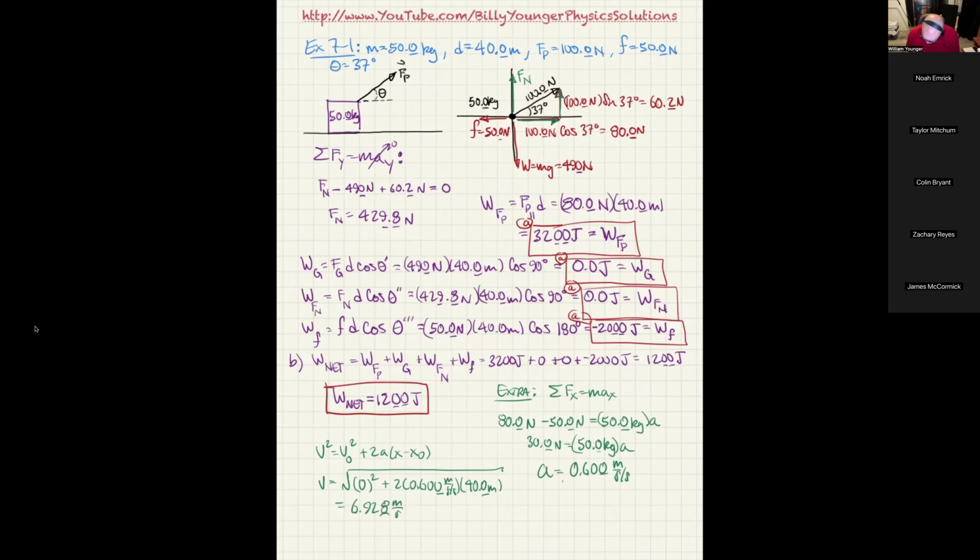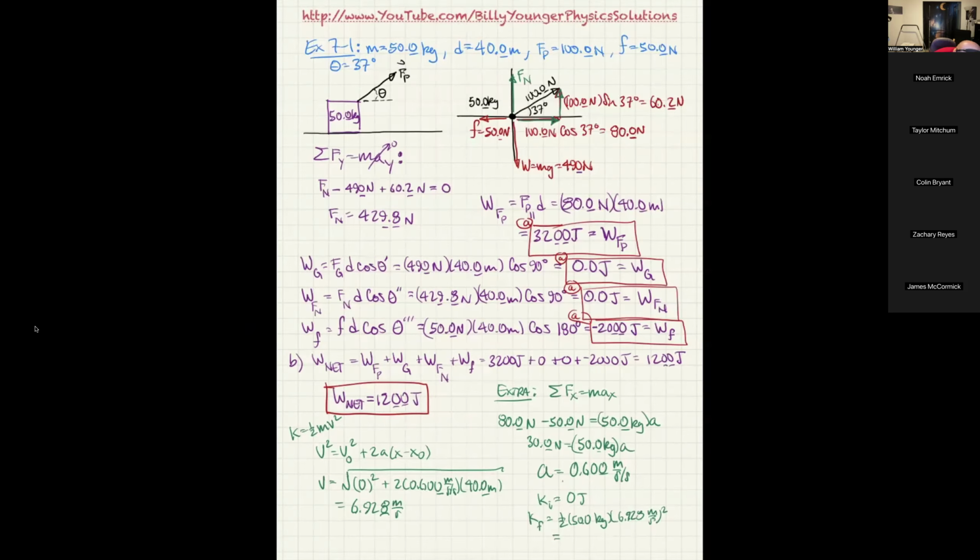Now, what I want to show you is the kinetic energy. This is something you may or may not have heard of. If you've ever had a physics course, you know kinetic energy. If you haven't, then I'm using the fact that kinetic energy is defined to be 1/2 mass times velocity squared. Since it started at rest, the initial kinetic energy is 0 joules. The final kinetic energy, on the other hand, is equal to 1/2 times 50.0 kilograms times 6.928 meters per second, squared.